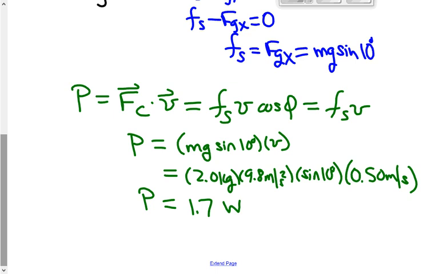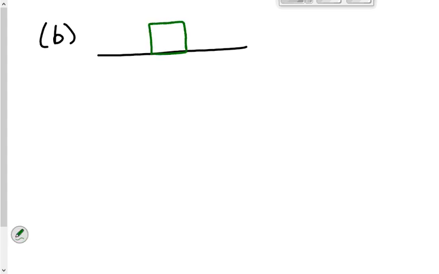All right. So part B is the part of the conveyor belt that's horizontal. So the velocity is going to go that way. And again, I want to find the power.